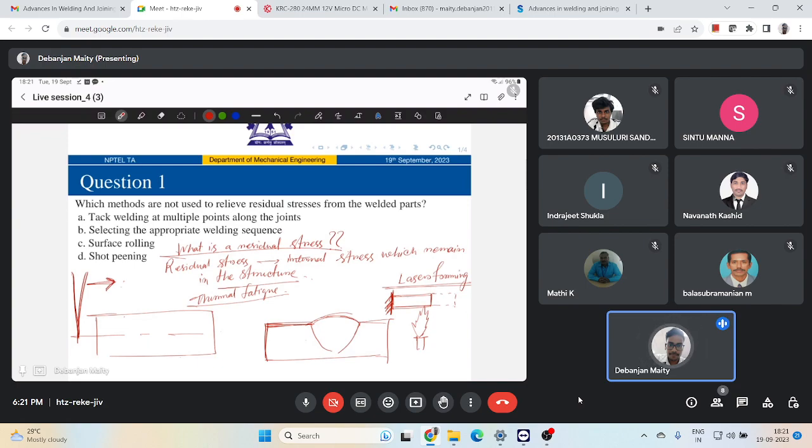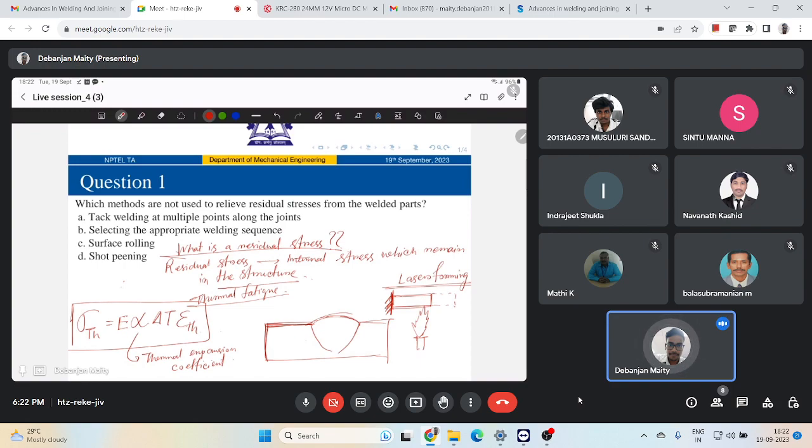Now, how can you define thermal stress in mathematical terms? Let's say sigma thermal is what? This is E into alpha into delta T, into this strain, where alpha is the thermal expansion coefficient.